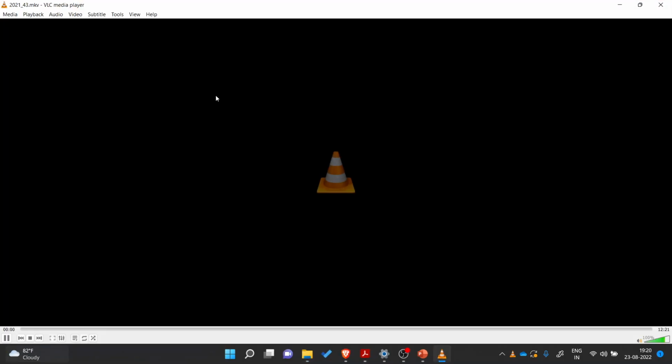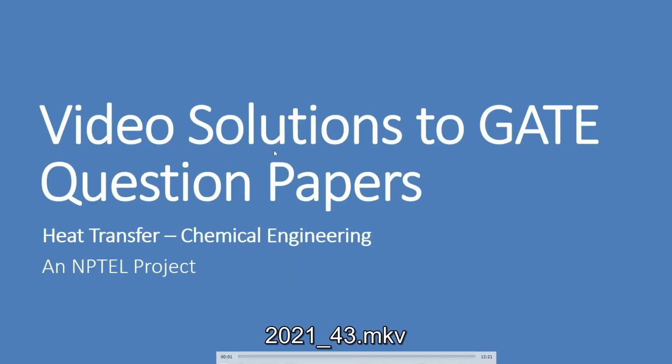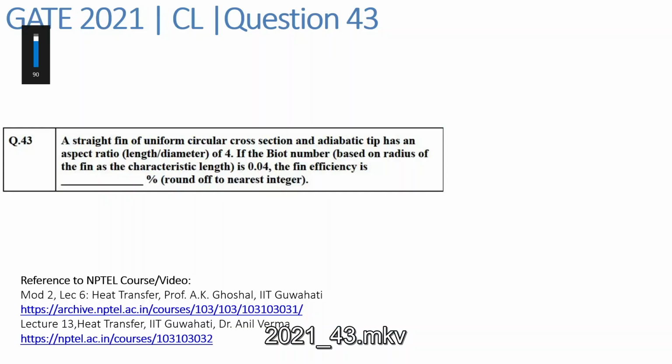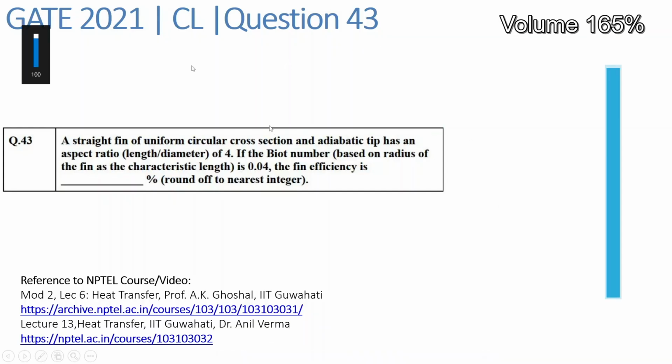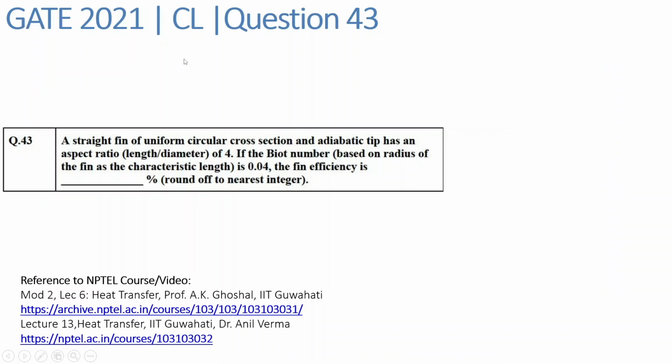Hello everyone. We will be solving question 43 of the GATE 2021 Chemical Engineering paper, and the subject is heat transfer. The question is, a straight fin of uniform cross section and adiabatic tip has an aspect ratio, length upon diameter, of 4.